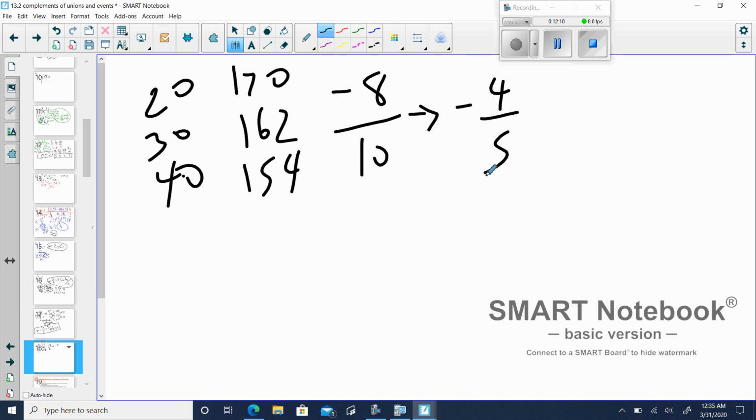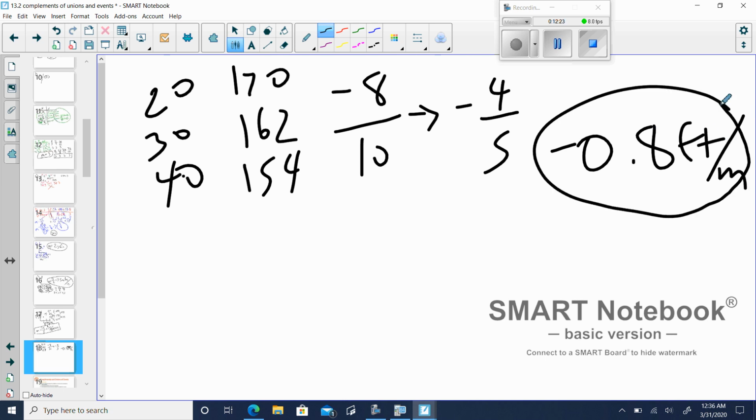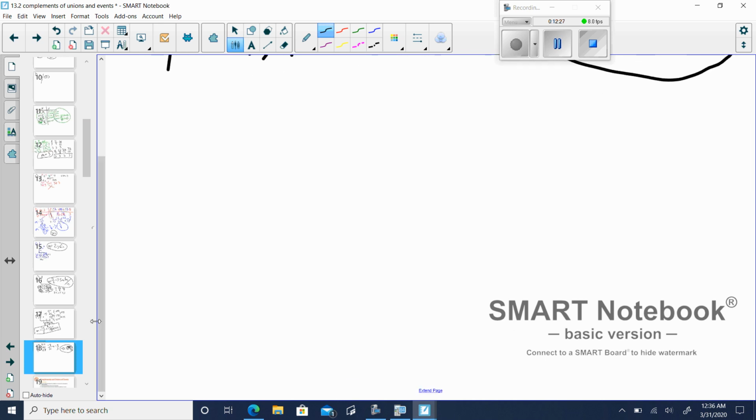So that's negative 4/5. We don't have a negative 4/5, but they do give us negative 0.8 feet per minute. So negative 4/5 is negative 0.8. Boom, right there. Okay, what about this one? Time and distance. This one we have 1, 2, 3, and 20, 30, 40.